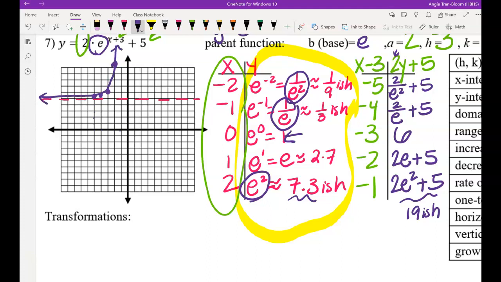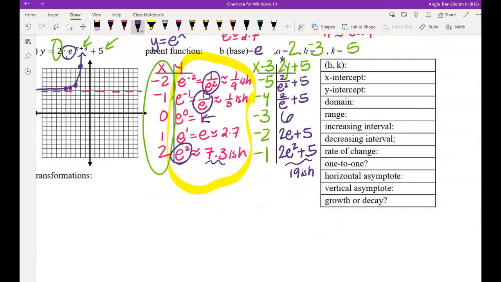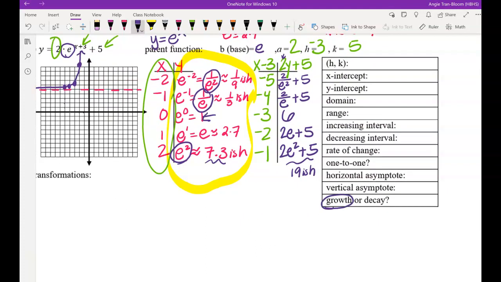Since your base is e, guys, and that is definitely more than 1, it's going to be a growth curve. We do have an increasing interval there from -infinity to infinity. That means decreasing is NA. Your rate of change is going to say varies. It is definitely 1-to-1.